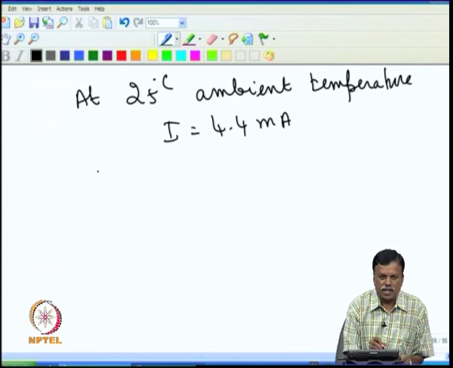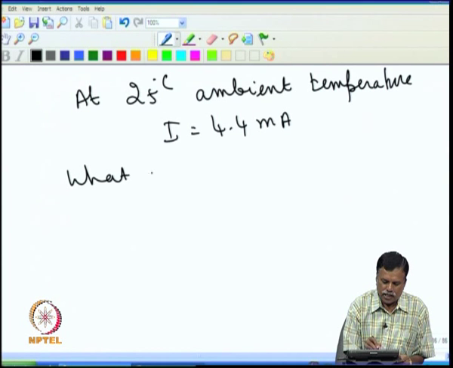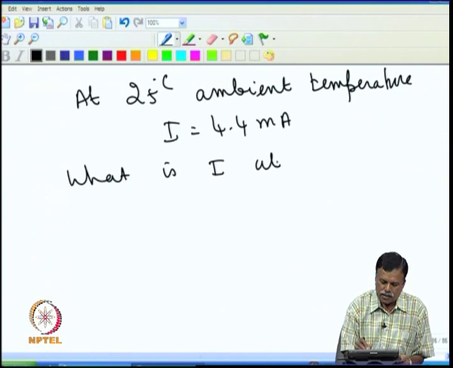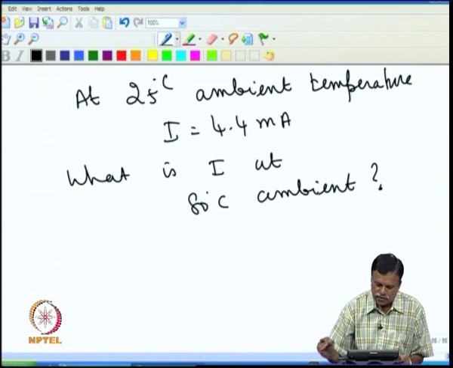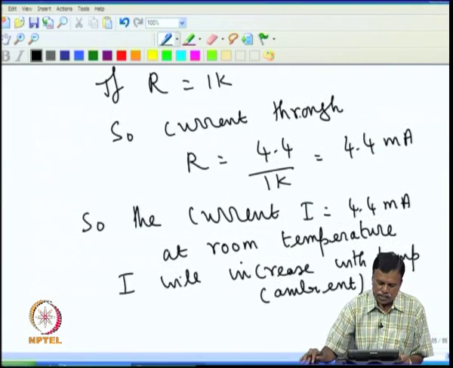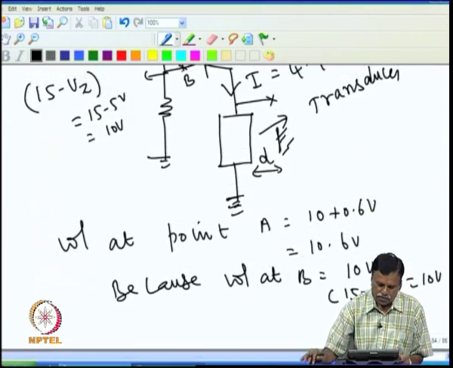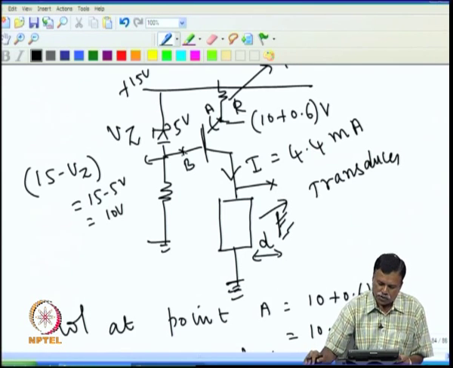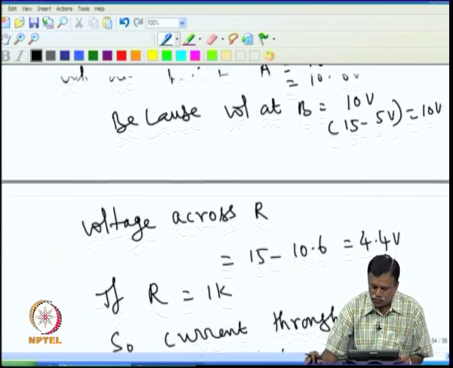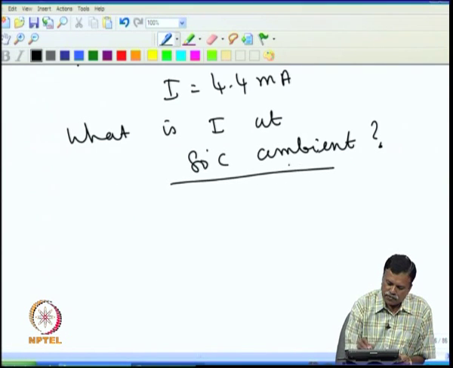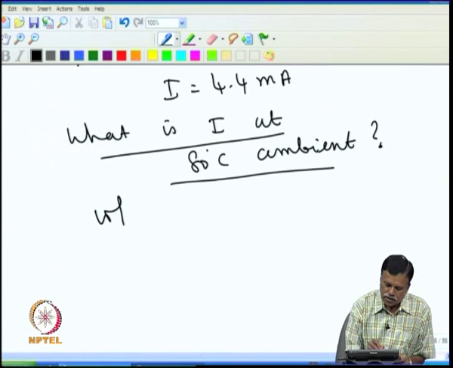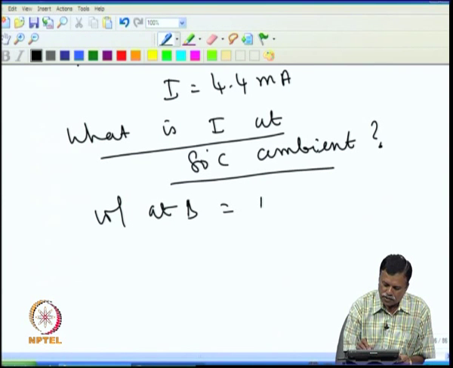Now find out what will be the current I at 80 degree C ambient. That we can find out by this equation, because the base voltage remains the same; the voltage at B is always 10 volt. So voltage at B is equal to 10 volt.